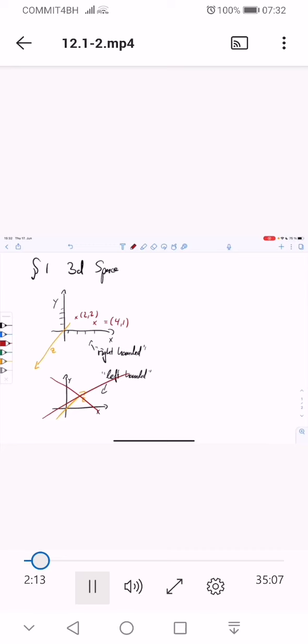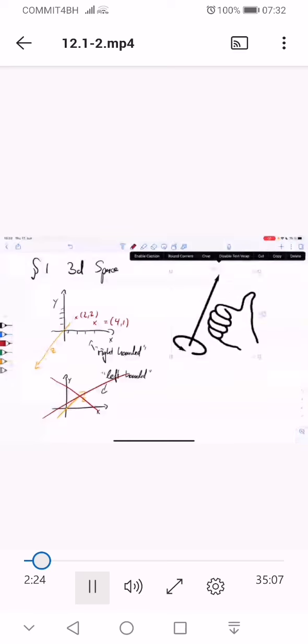Now, why is this one called right-handed? It's called right-handed because of the so-called right-hand rule. Actually, there are multiple right-hand rules. We'll see another one, I hope, soon. And the right-hand rule is called like this because of, well, the right hand. The mnemonic is the following. Imagine you are taking your right hand and hold the z-axis in your hand with your thumb pointing in the direction of the z-axis.